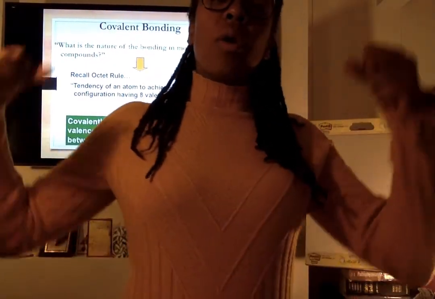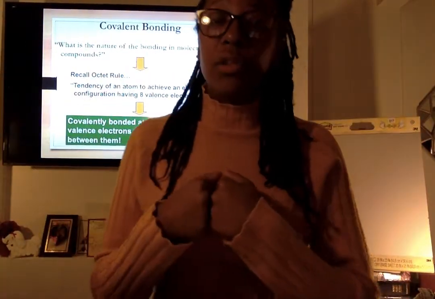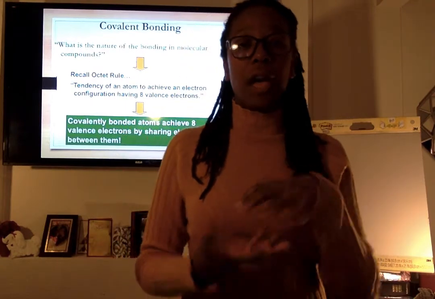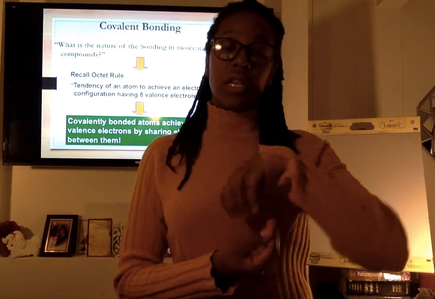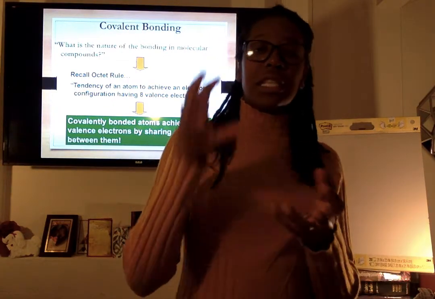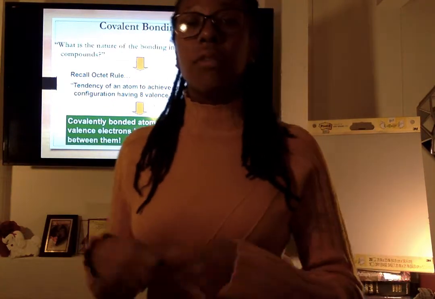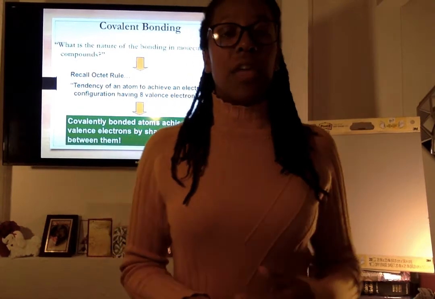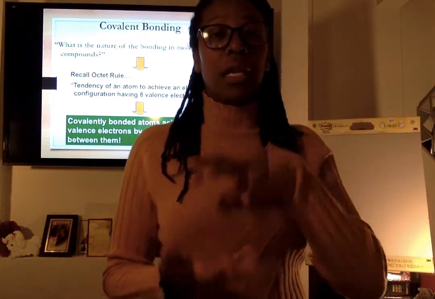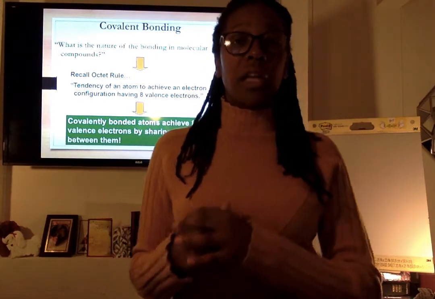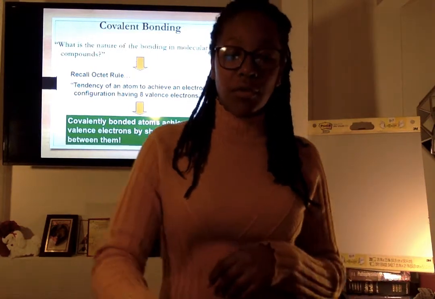They don't automatically have that magnetic attraction, right? So how are they actually held together? Well, they actually share their electrons. Instead of taking an electron or giving an electron away, they both share their electrons to create one bond. And that's what we'll be talking about when we talk about covalent bonding.